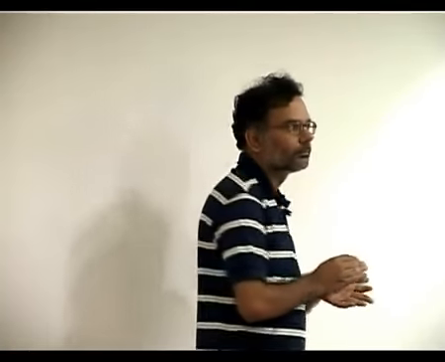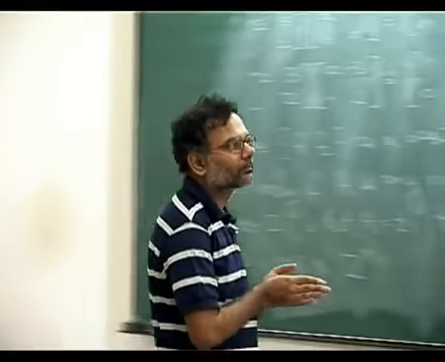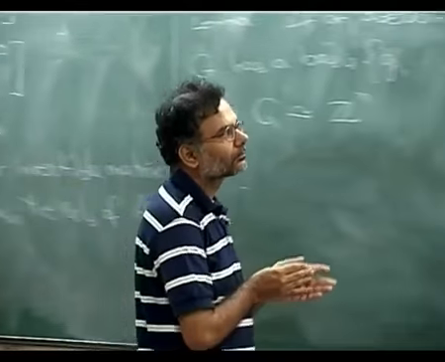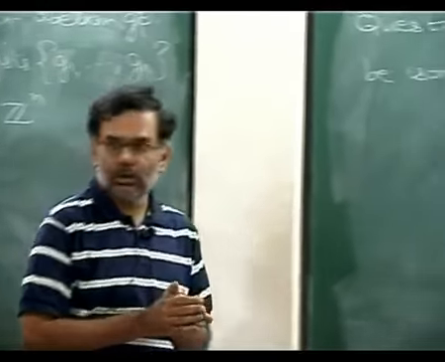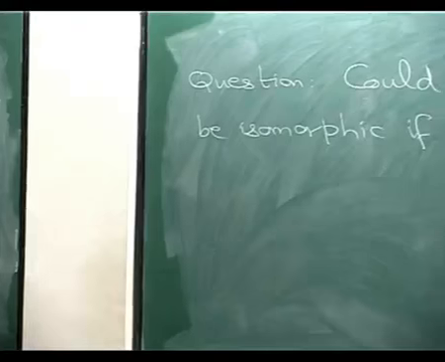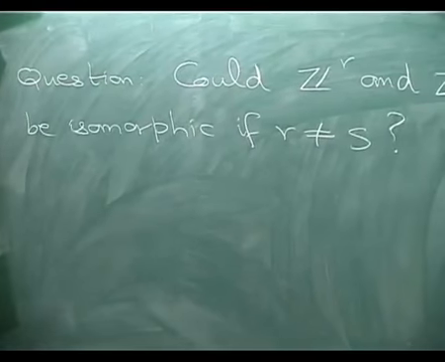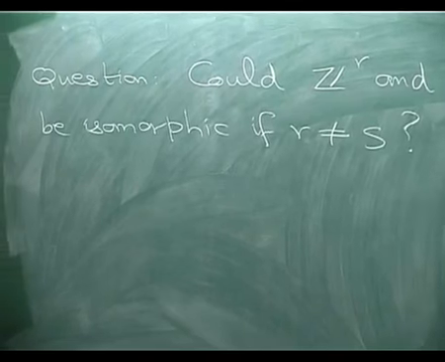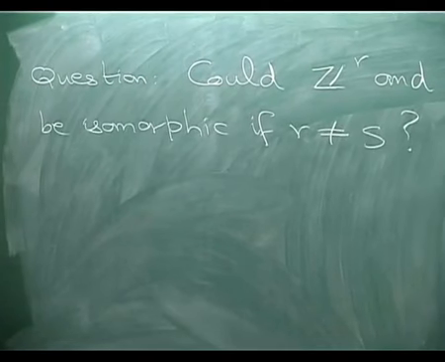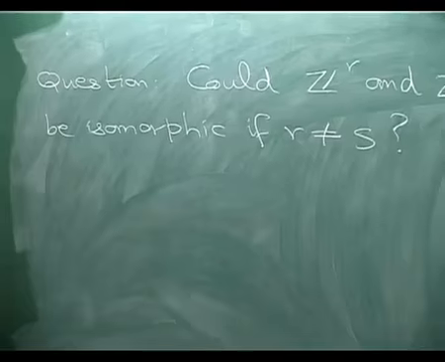We haven't ruled that out yet. So this does need some thought. We do need to spend some time thinking about why these two are isomorphic or not isomorphic. So let me give you an indication of how this is done.